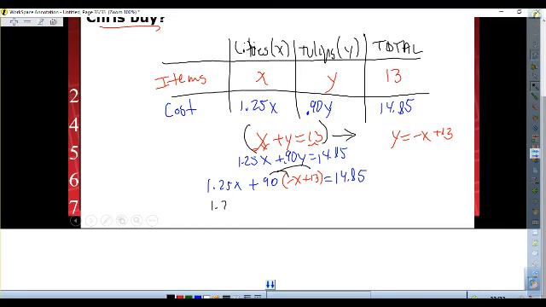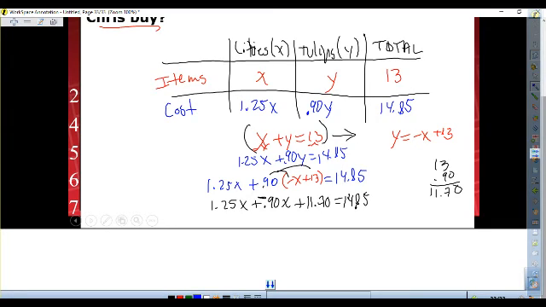So 1.25x plus negative 0.90x plus, let's see, 13 times 0.90, that's 11.70, equals 14.85. Yes, Caleb? Oh, right there, combine like terms.